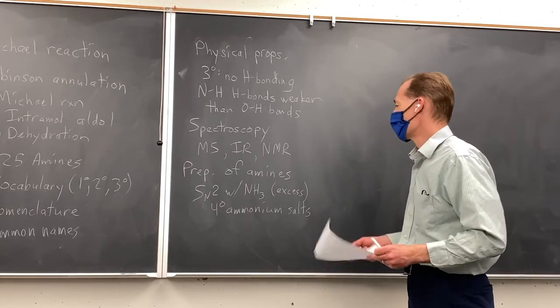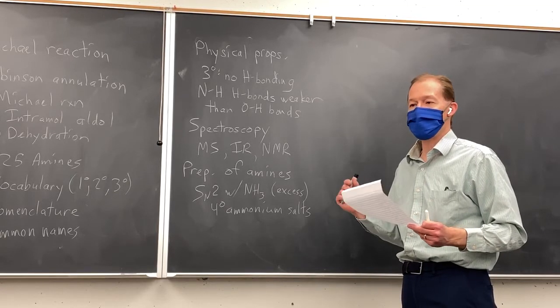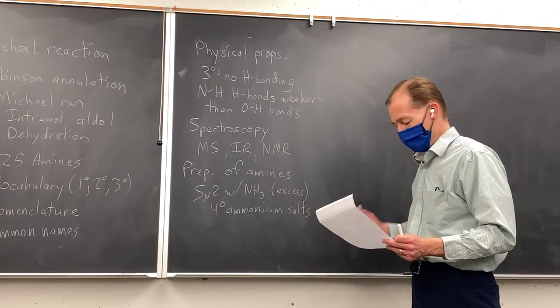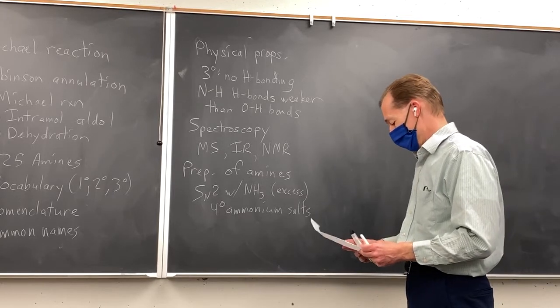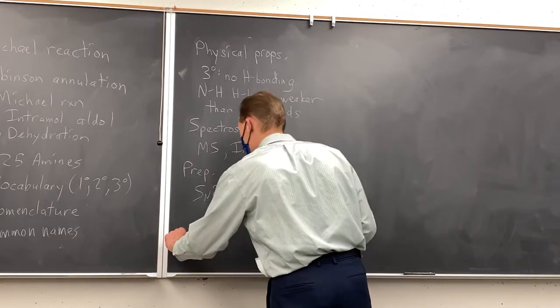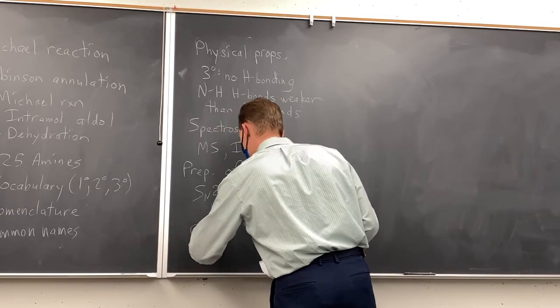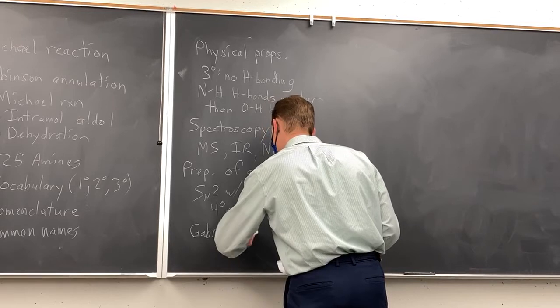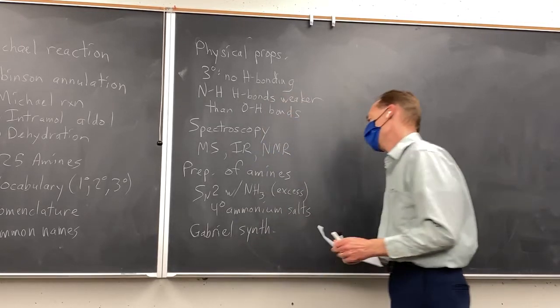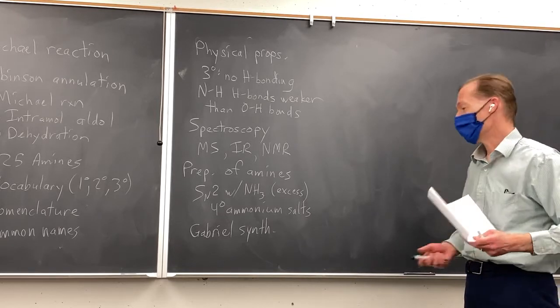But when you want to control the reaction and you want to make a primary amine from just one alkyl halide, one equivalent of an alkyl halide, then you can use the Gabriel synthesis. Okay, so the Gabriel synthesis was a way to avoid the polyalkylation problems that happen when you're using amines as nucleophiles, right?